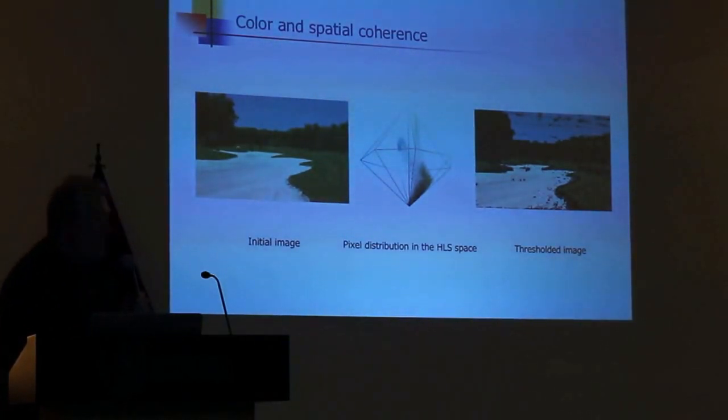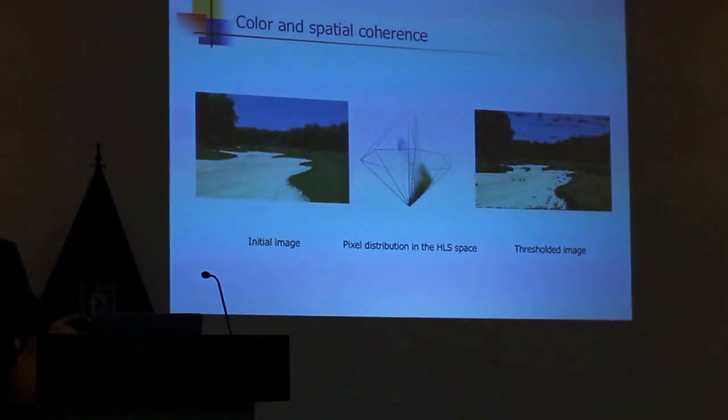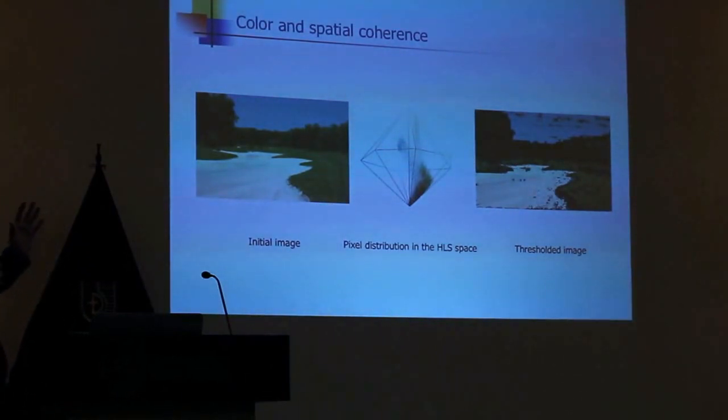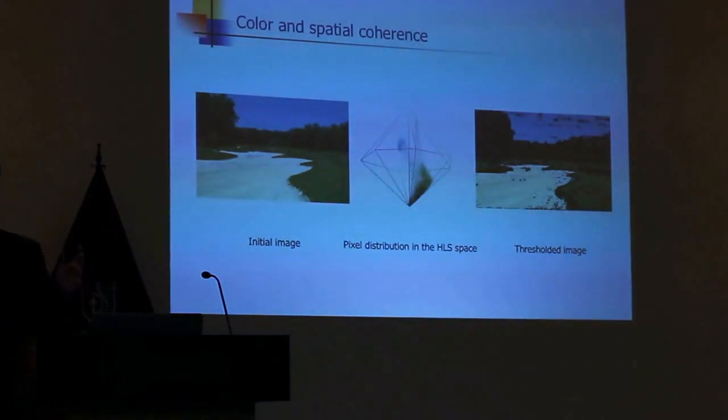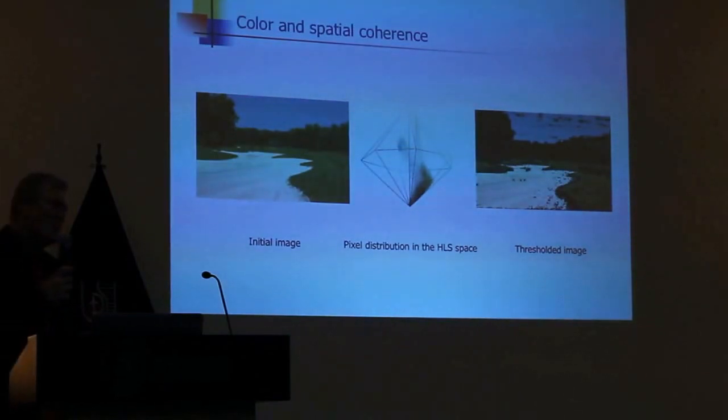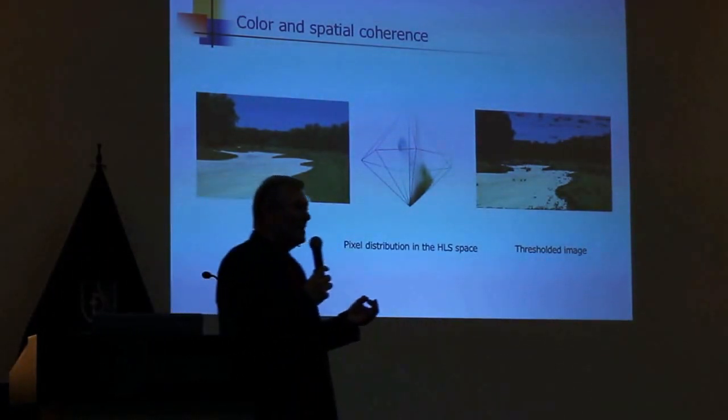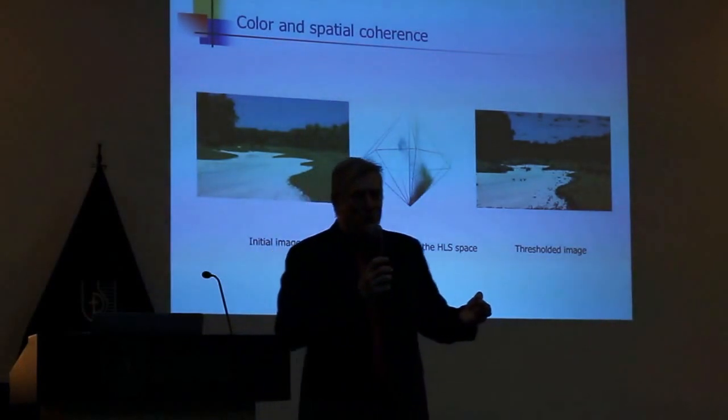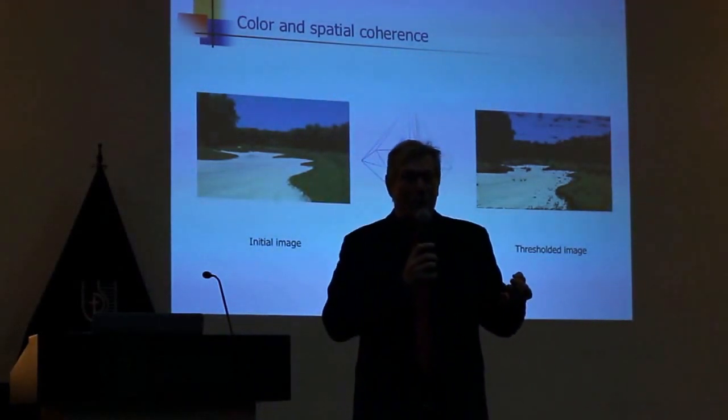So, we can have a first idea. This idea seems like a good idea, but it's not that good, and we can see on the right that it doesn't work very well. The first idea is to use a histogram of these values in a color space.